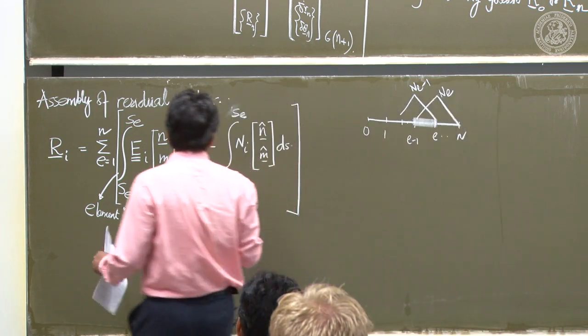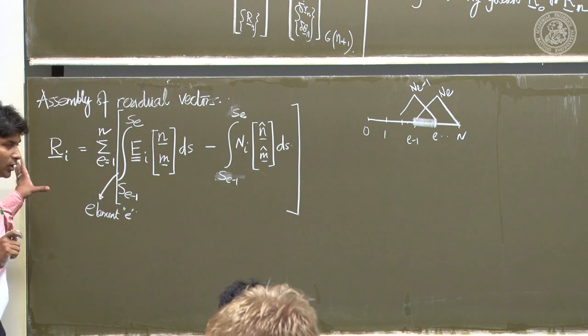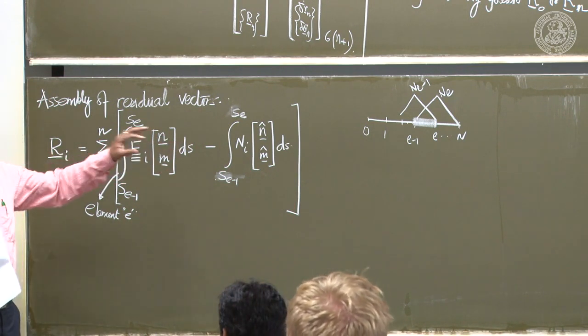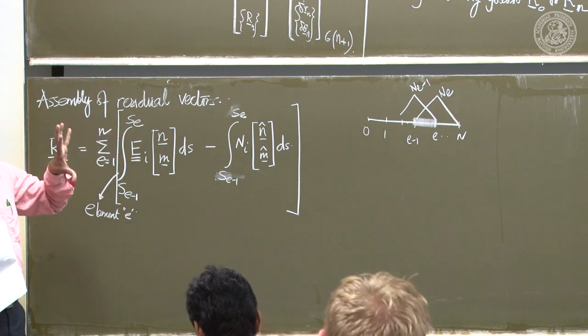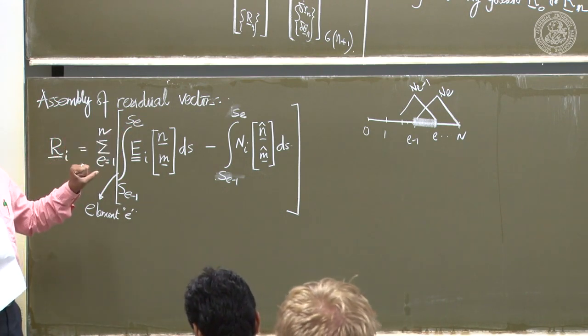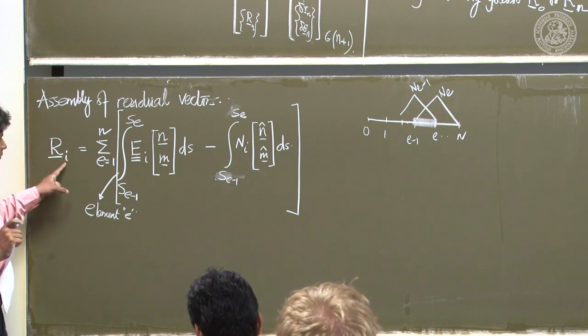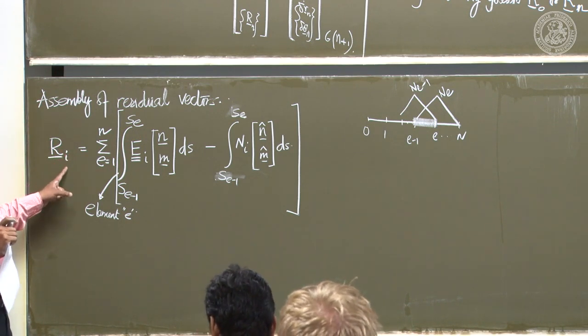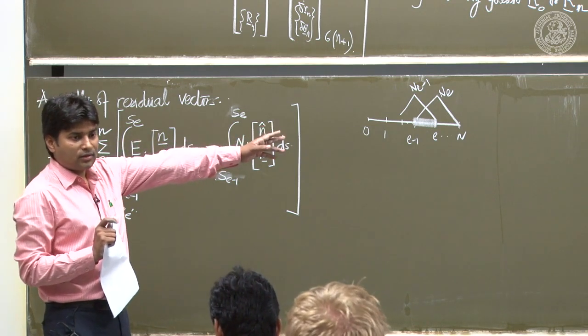So, what you could do, for example, you can run a loop through the elements. So, you can have an outer loop which is running over the elements, and then within that loop you only evaluate the big R i's for those i's which are active there, right.